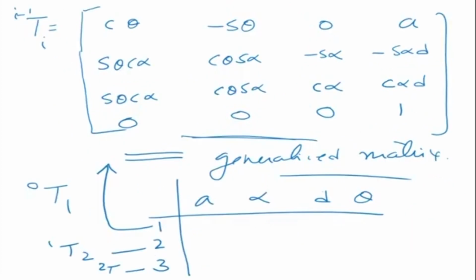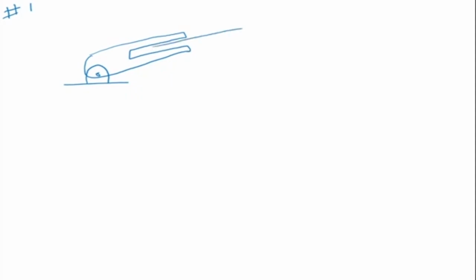Okay, so let's look at our first example. This is example number 1, which has a manipulator which is like this. This is a revolute joint and it has a prismatic joint.